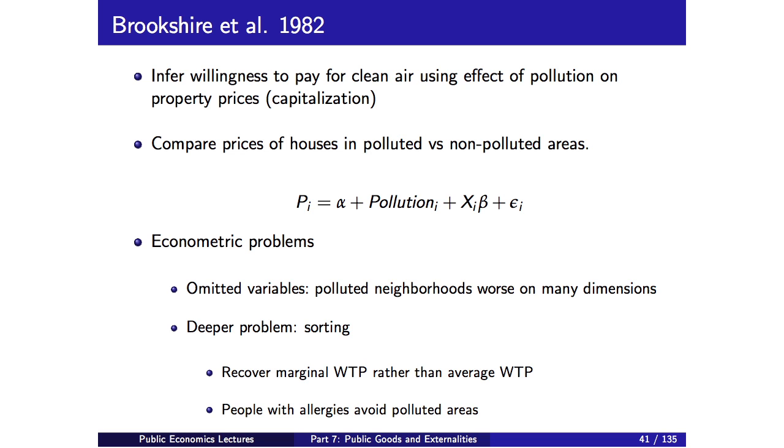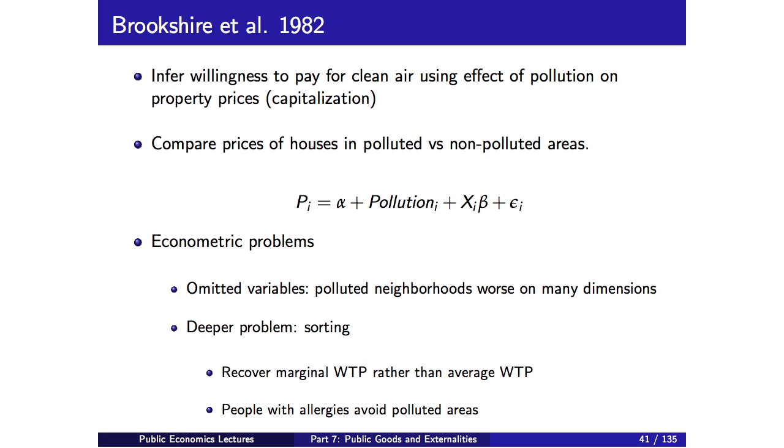So suppose, for example, I have a small number of neighborhoods with high levels of pollution, and 20% of the population doesn't care at all about pollution. Those 20% of people are going to sort into the neighborhoods where pollution levels are high, because they don't care.